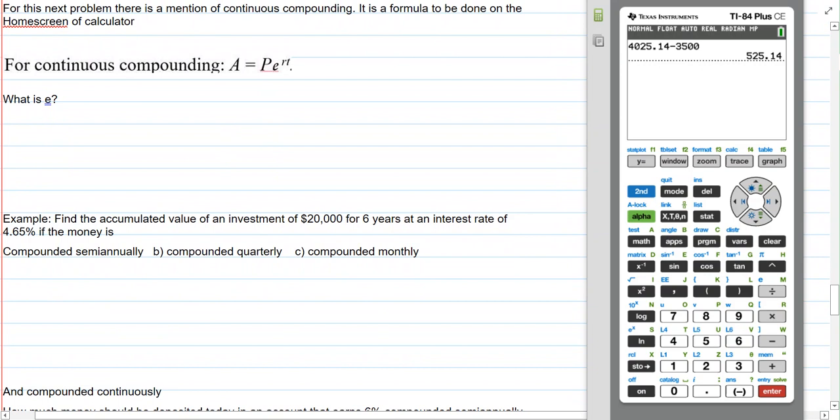Now we have something that can only be done on the home screen, and that is continuous compounding. Continuous compounding is A equals P e to the rt. All right. So what is e?